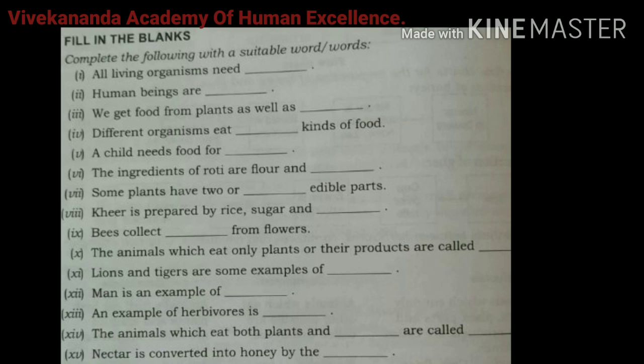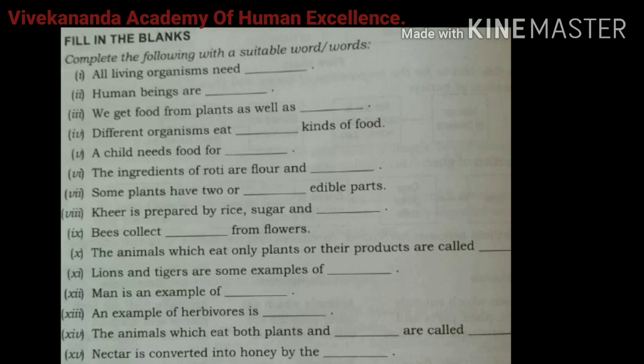Bees collect nectar from the flowers, and afterward they convert this nectar to honey. The animals which eat only plants or their products are called herbivores. Lions and tigers eat flesh only, so they are examples of carnivores.